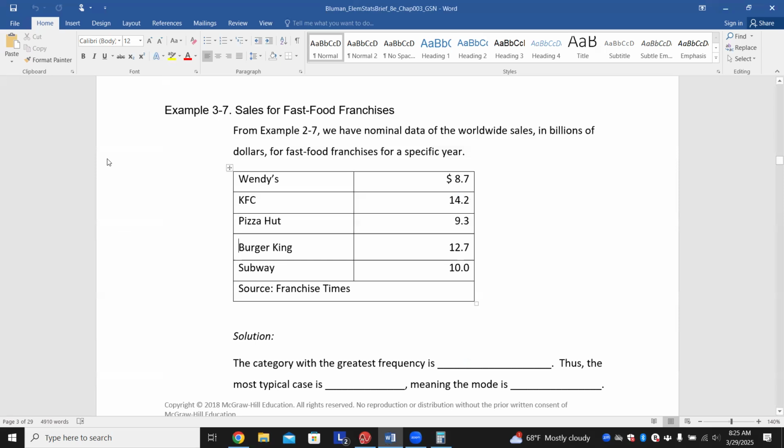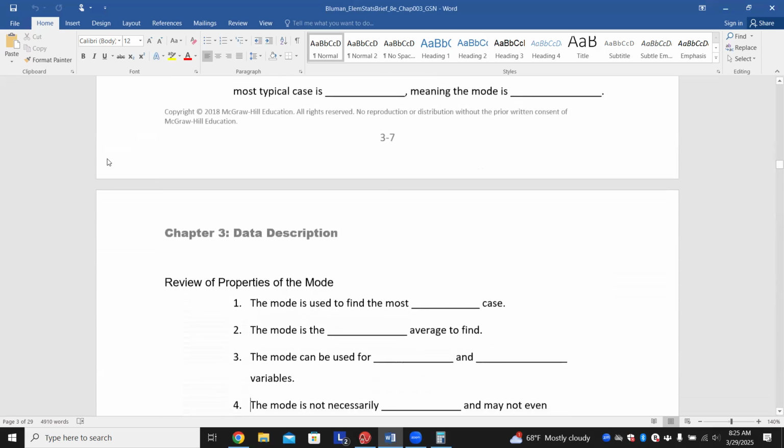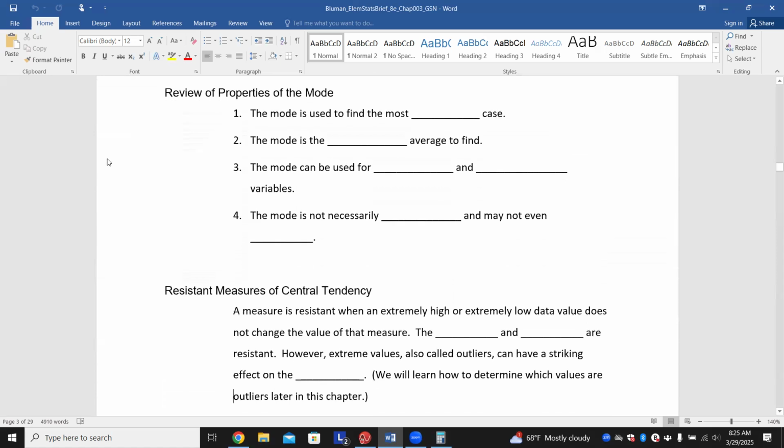So let's review mode real quick. If we review properties of mode, the mode is used to find the most typical case. If there's a lot of mode, we can kind of see what our distribution is going to look like. The mode is also the easiest average to find. Again, we're just looking at what occurs the most, not much math with that.